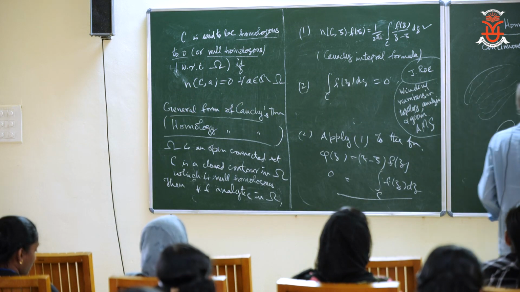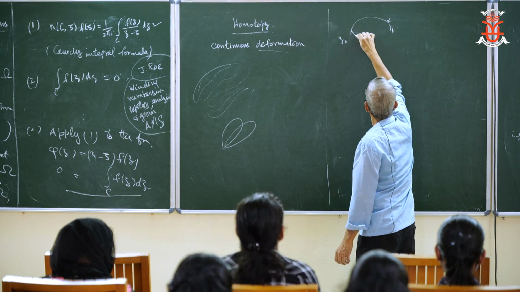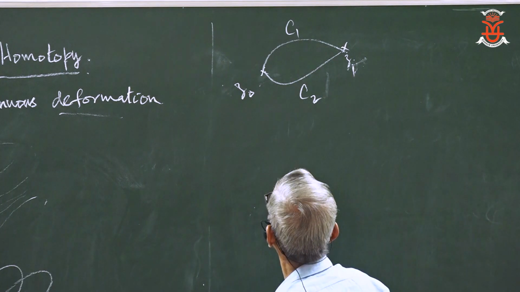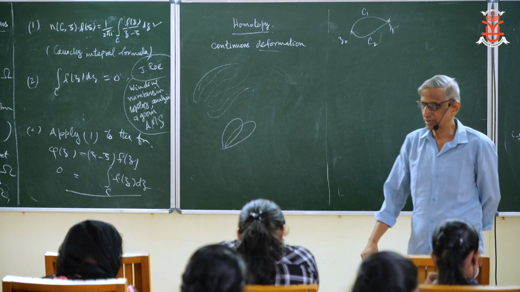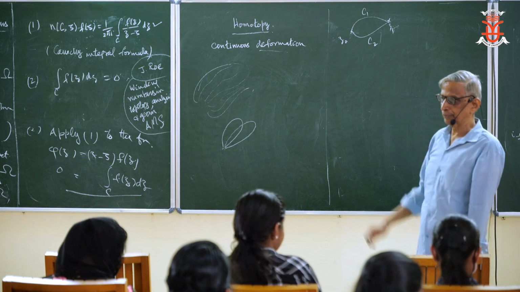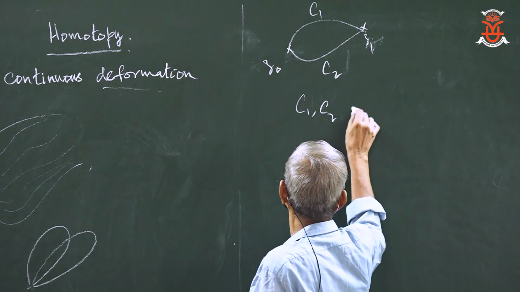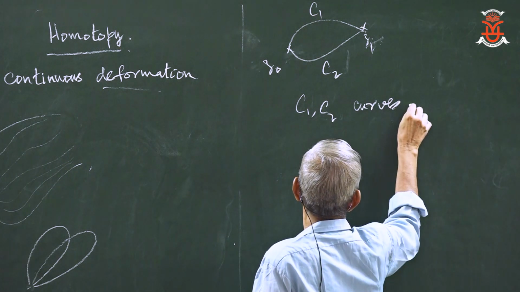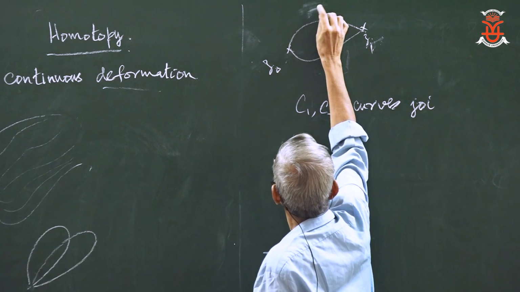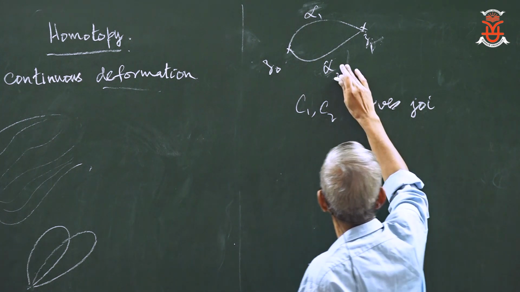Take two points in the plane. C1 and C2 are two curves joining Z0 and Z1. I will change notation. I will call these gamma 1 or alpha 1, alpha 2. Alpha, beta, maybe.